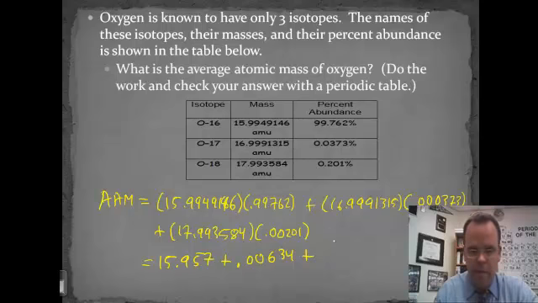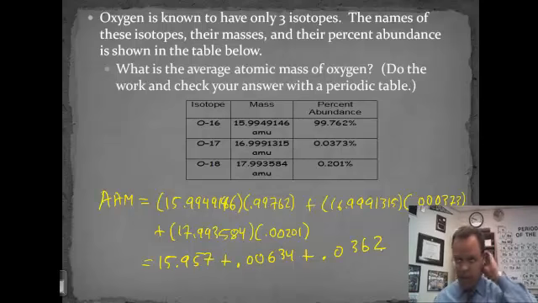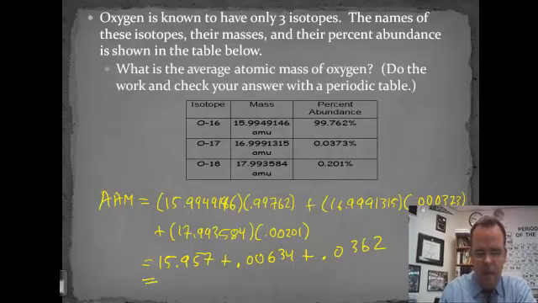For this one, I'm going to keep 3 significant figures, 0.0362. Add these together, 15.957 plus 0.00634 plus 0.0362, keeping 3 decimal places, so in this case, 16.000 AMU.